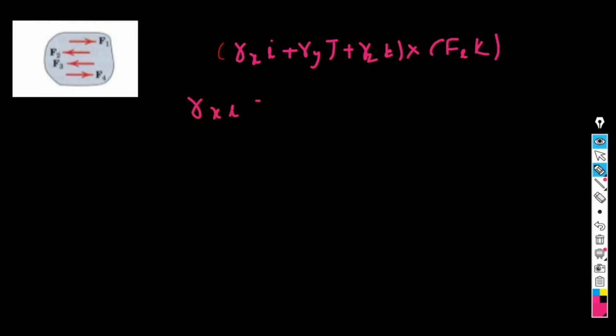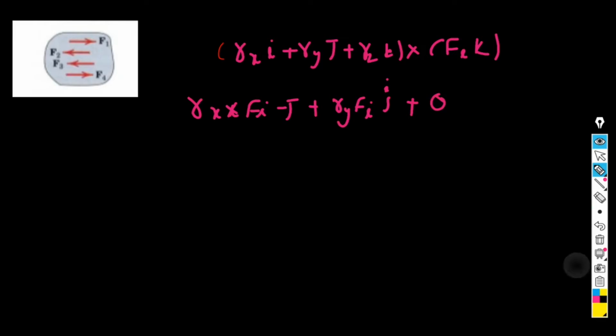I can write the moment in this case as Rx i plus Ry j plus Rz k cross F k, which is equal to Rx F (i cross k, which is minus j) plus Ry F (j cross k, which is i), plus k cross k, which is equal to 0.